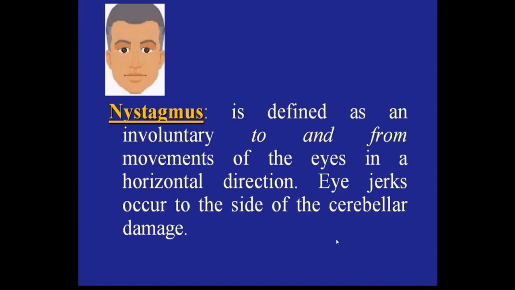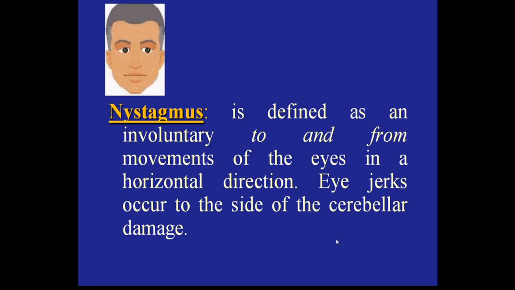The next sign of the cerebellar pathology is nystagmus. Nystagmus is defined as an involuntary to and from movements of the eyes in a horizontal direction.